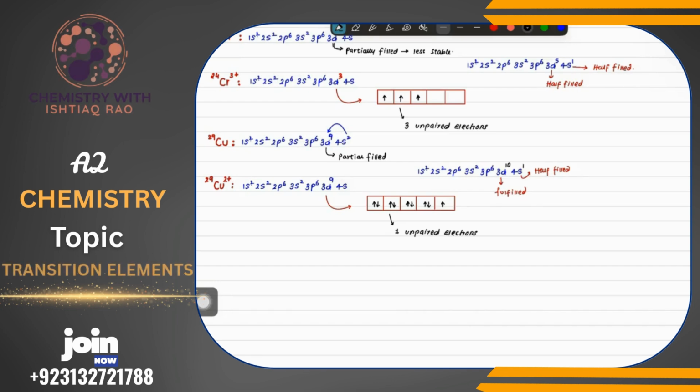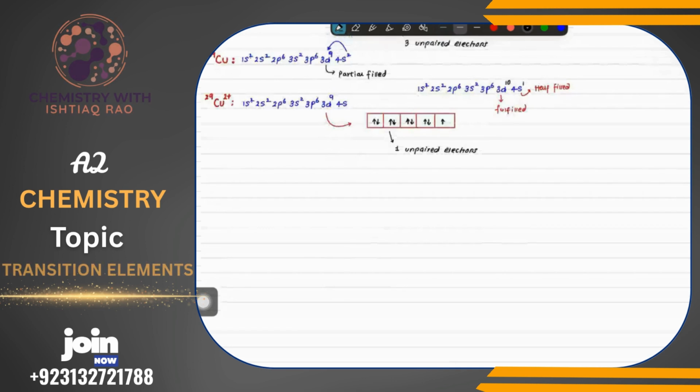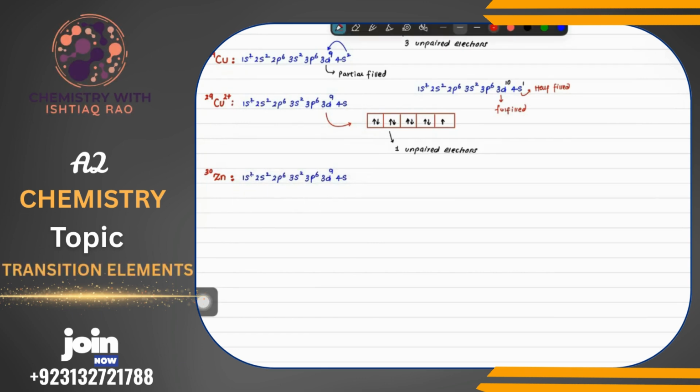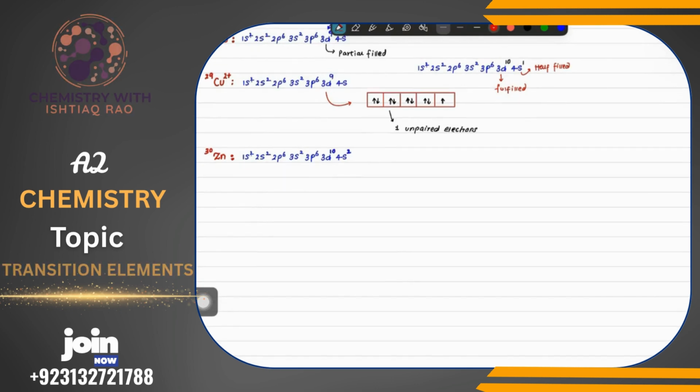Okay, let us check zinc. Zinc is 30. The configuration of zinc is 3d10 and 4s2. What's the charge on zinc? It's generally plus 2.